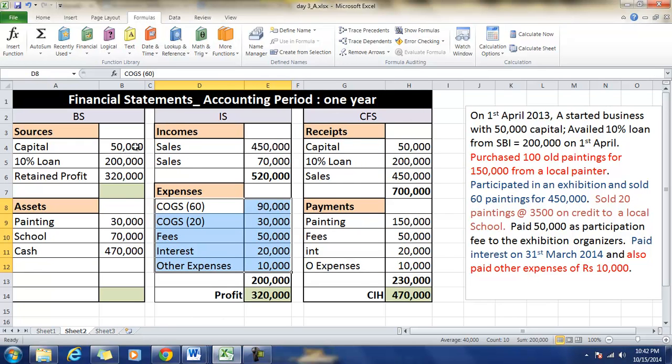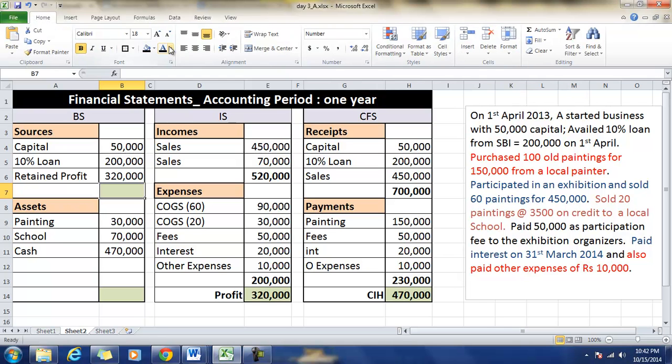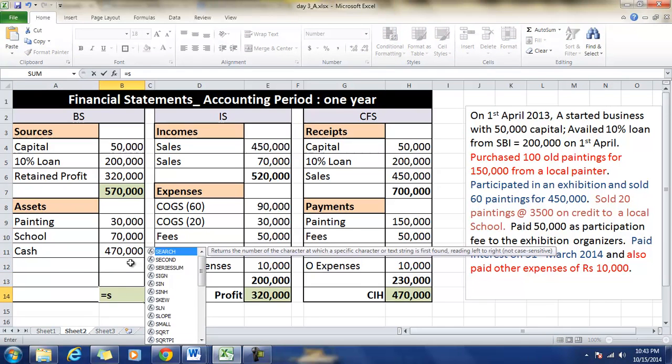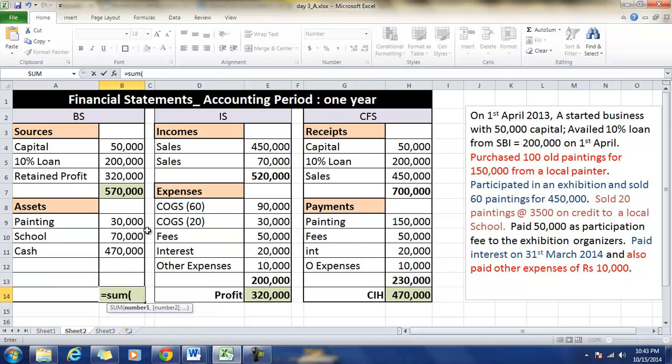So now since all transactions are done, the summation of the sources side should be equal to the summation of the asset side, that is 570.